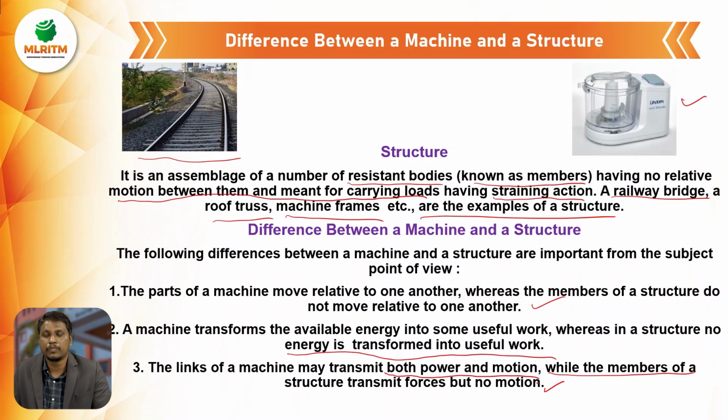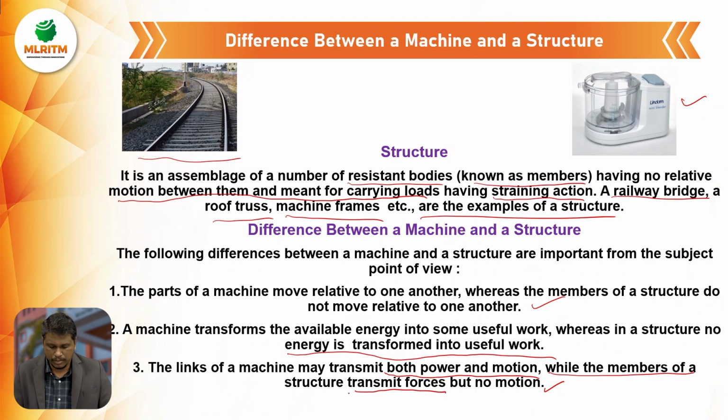It transmits force, because in normal civil construction there are pillars and columns. If you apply a load at one particular place, it transmits the force to the entire body, like a UDL, a uniformly distributed load. It distributes the load uniformly.